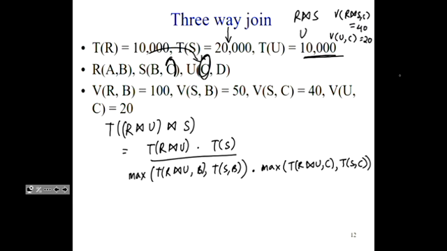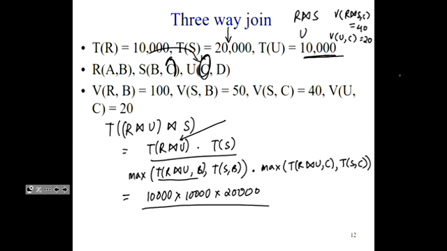Okay, now I said the number of tuples in R joined with U is nothing but the product of the two, because it's essentially a cross product. So you have 10,000 times 10,000. T of S is 20,000. Now what's the number of distinct values of B in R joined with U?